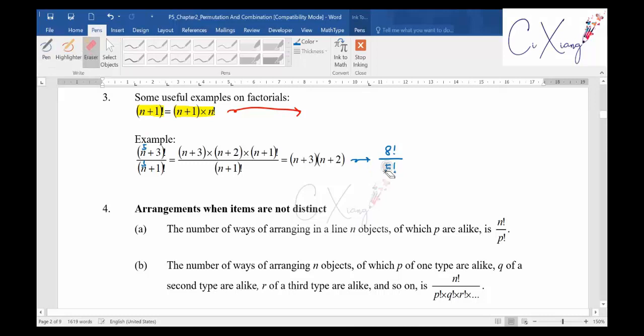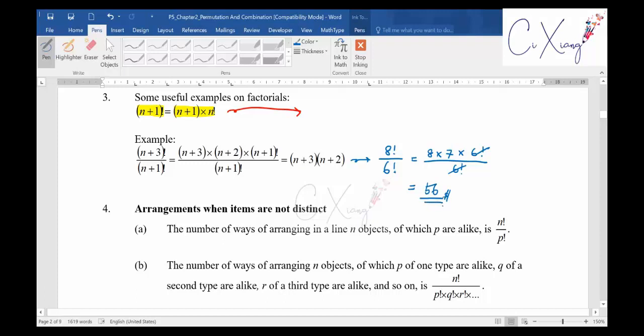So for 8 factorial we have 8, 7, then 6, 5, 4, 3, 2, 1. The 6, 5, 4, 3, 2, 1 I write as 6 factorial, divided by 6 factorial at the bottom. You can cancel it off and take 8 multiplied with 7, so you get 56.